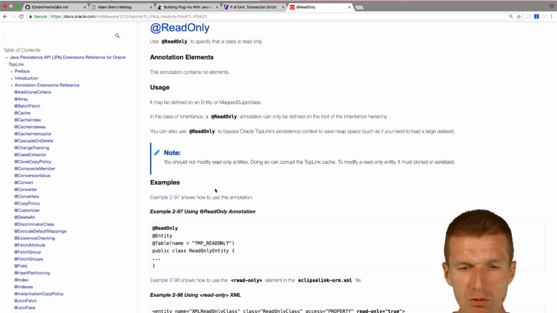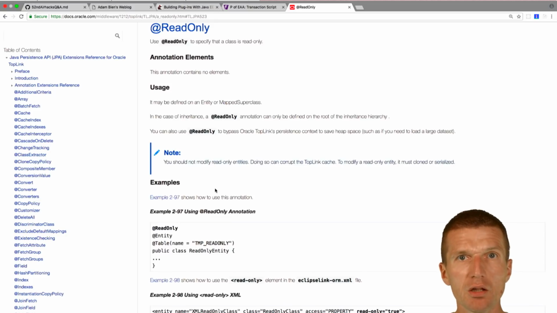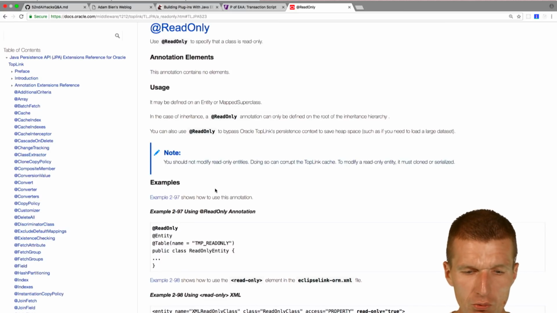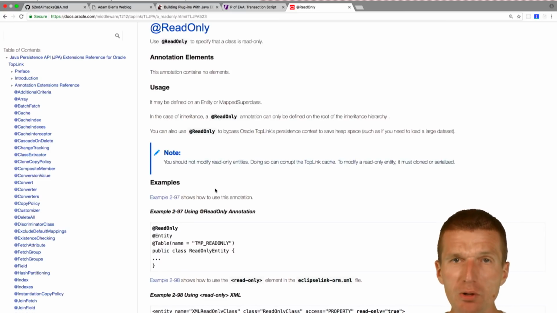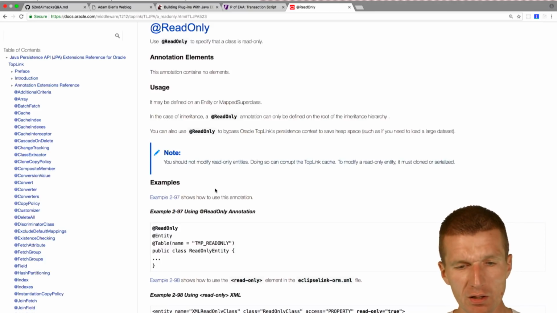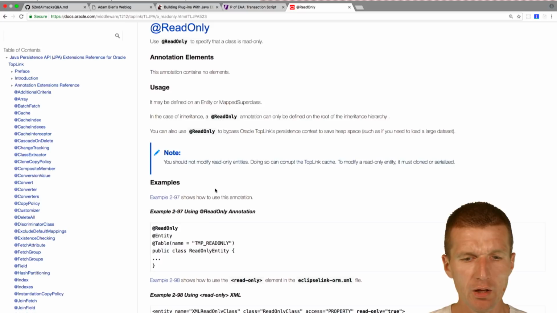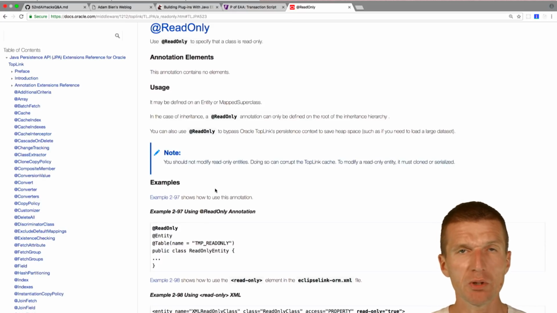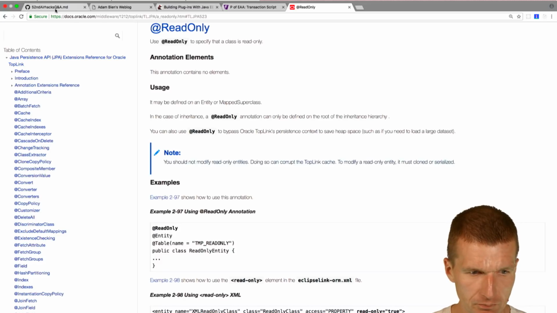Because if the container knows it is a read-only entity, it doesn't have to create a clone for each transaction. So if you're using EclipseLink, you could use read-only, but it's not a standard. I forgot to look up whether there's a standard read-only in JPA, and this could help you. You could deactivate transactions, but then you have to be careful with the default isolation level in the database.